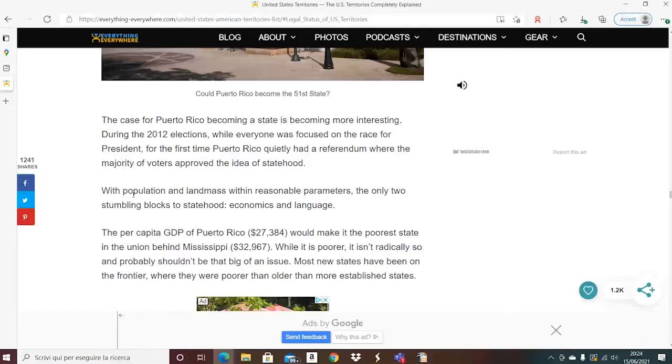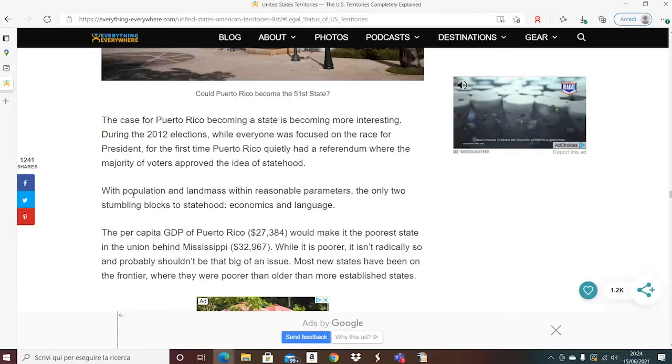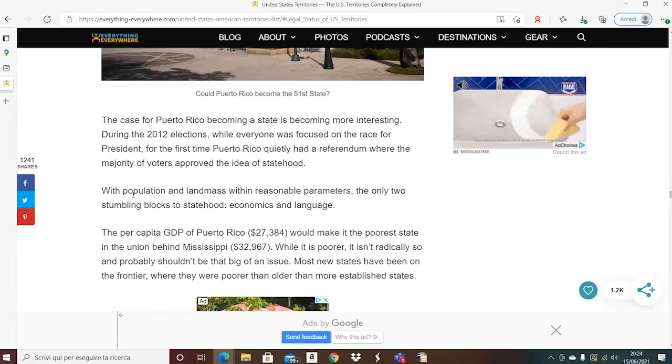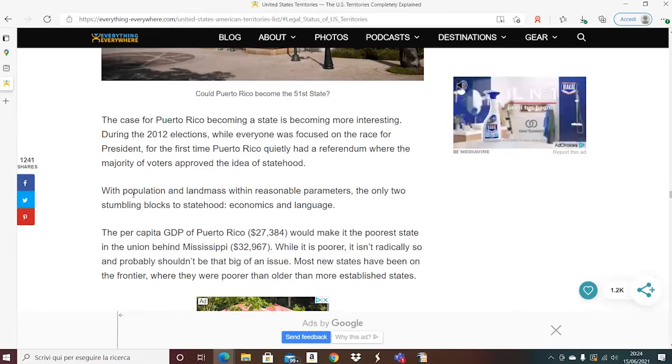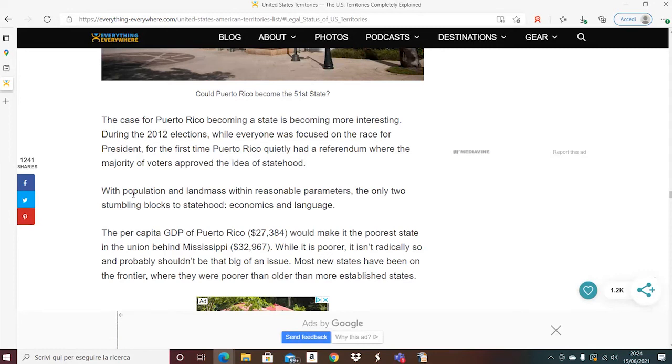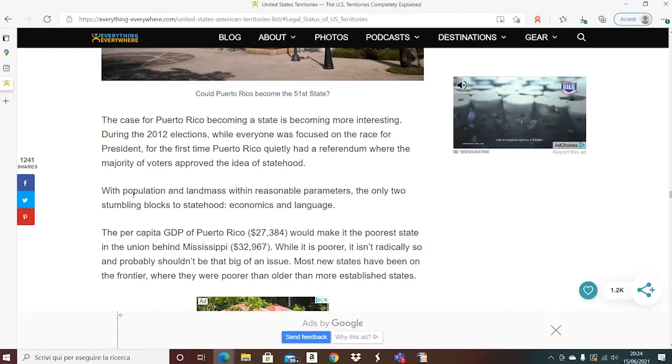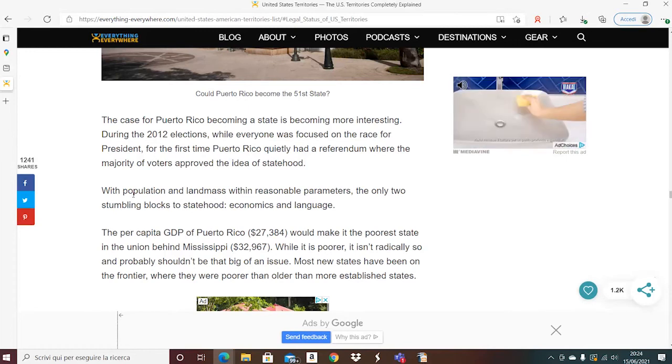The per capita GDP of PR, $27,384, would make it the poorest state in the Union, behind Mississippi at $32,967.